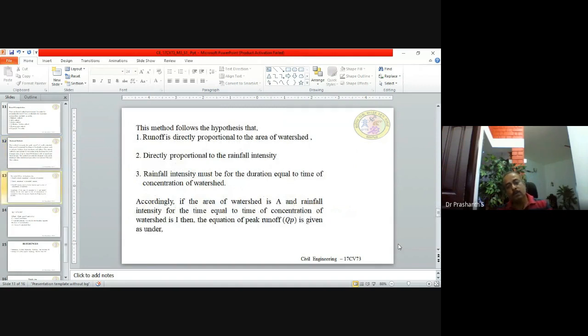This method follows the hypothesis that runoff is directly proportional to the area of the watershed, and runoff is directly proportional to the rainfall intensity. Rainfall intensity must be for a duration equal to the time of concentration of the watershed.